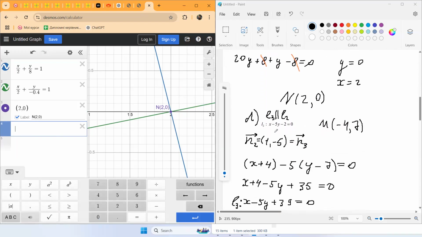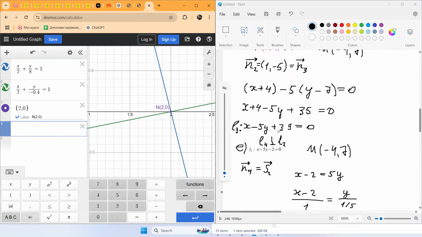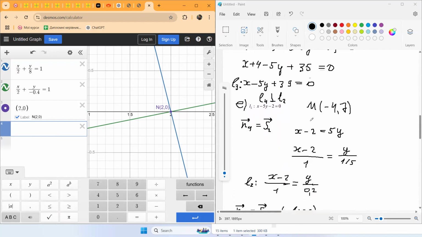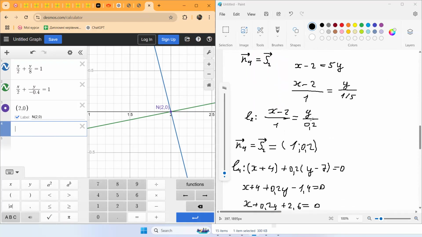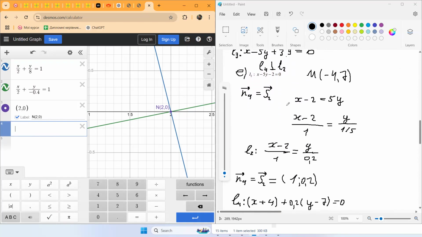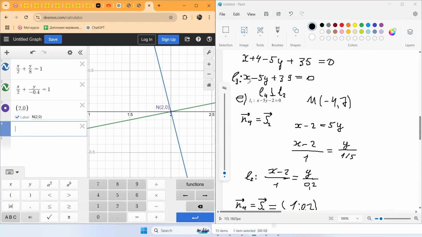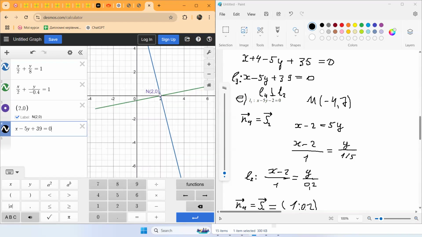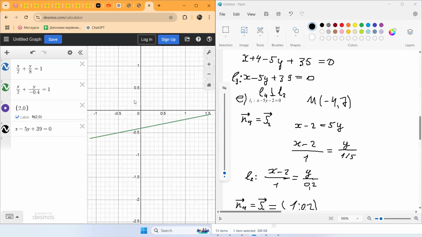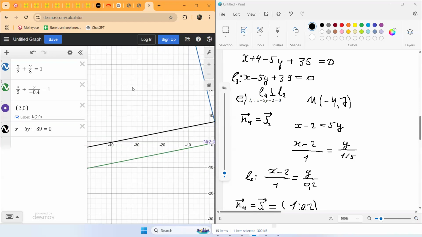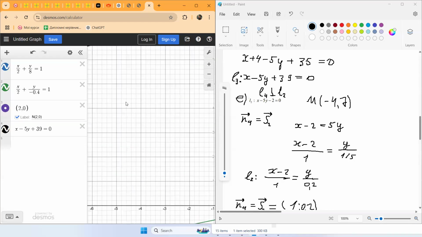L3. Okay, just to save our time, we won't do a lot of manipulations, and we'll just write the general form. Here is the line L3.